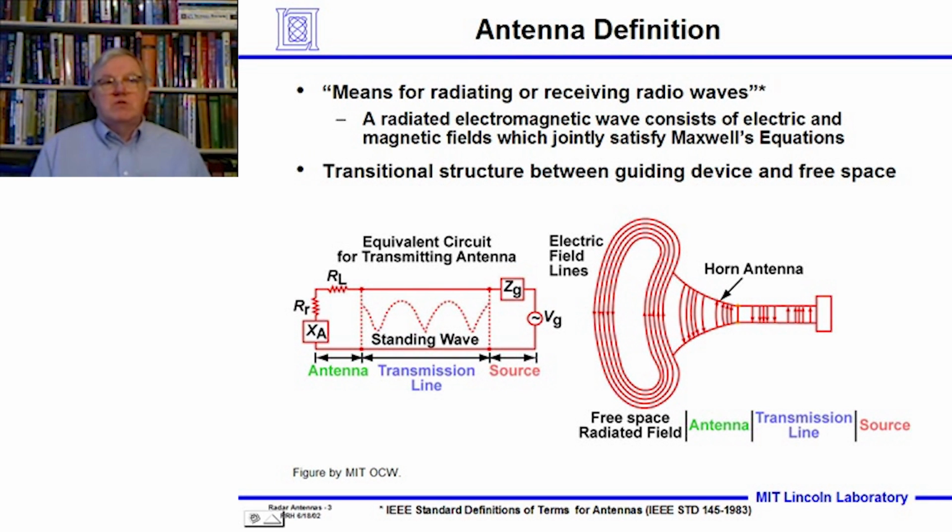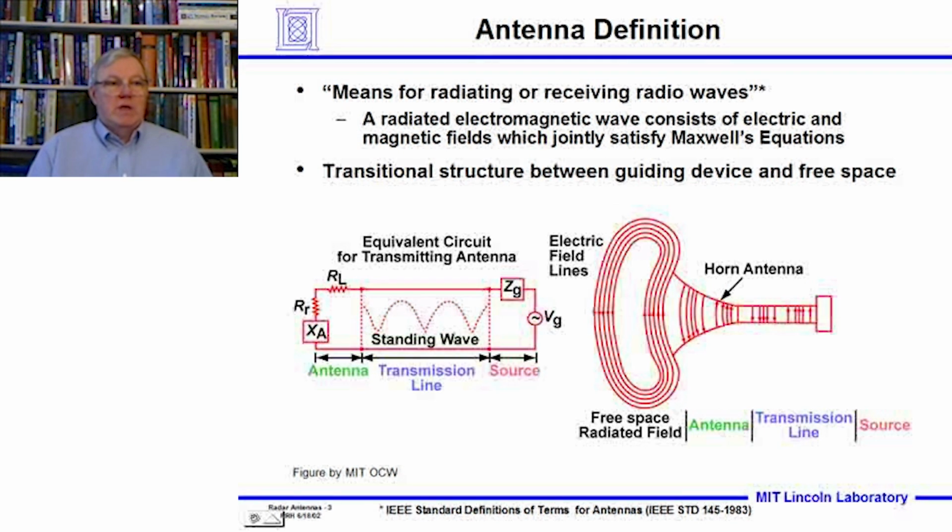A radiated electromagnetic wave, I want to remind those of you that aren't electrical engineers and haven't taken a lot of courses in electromagnetism, consists of electric and magnetic fields which jointly satisfy the equations that Maxwell developed in the late 1800s.